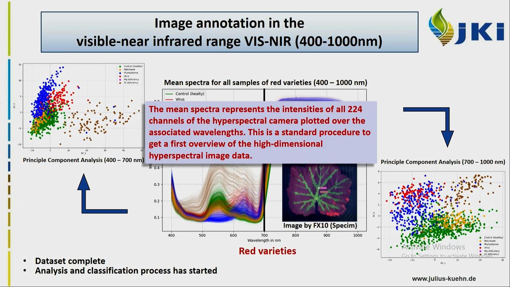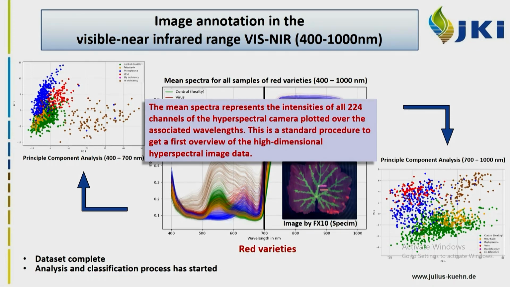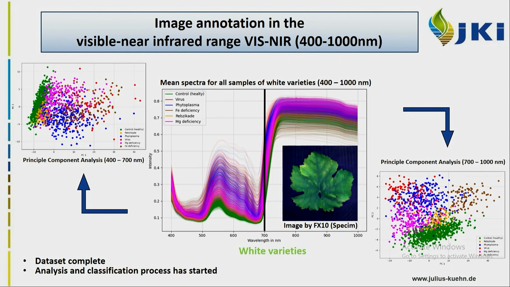And this is a standard procedure to get a first overview of the high-dimensional hyperspectral image data. We did the same thing for the three white varieties, so we plotted all mean spectra of all sampled white varieties, and here once again the colors correspond to the six different disease classes. And we found nearly the same picture, so already differences in the curves of the wavelength.